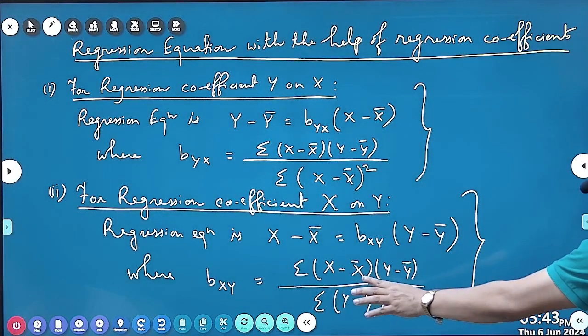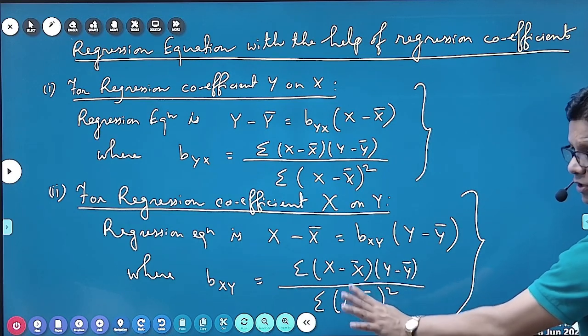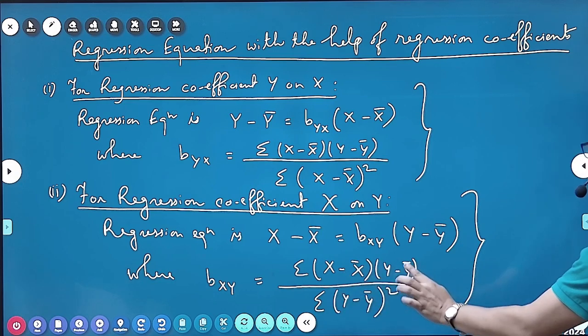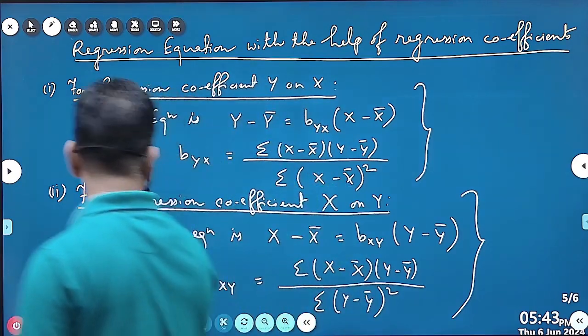X minus x bar, y minus y bar, and also the square. Three columns are required: x minus x bar, y minus y bar, and the whole square of y minus y bar. So I add the columns here.